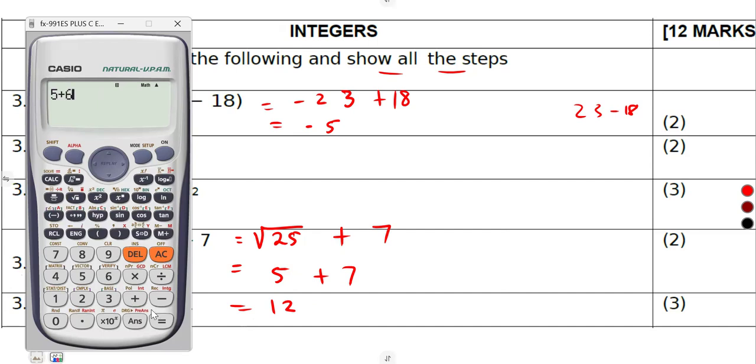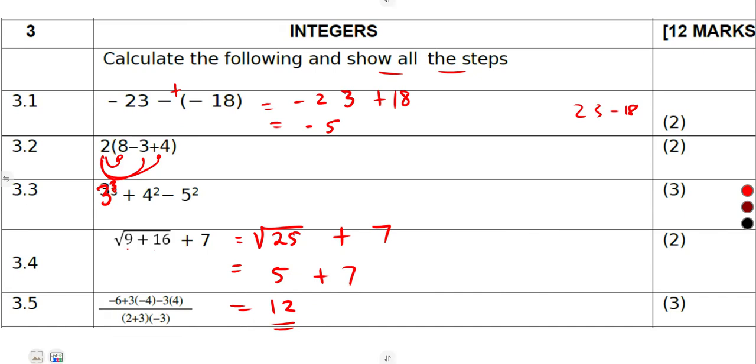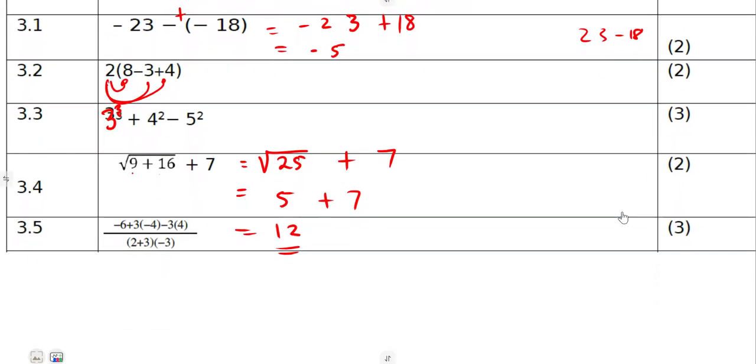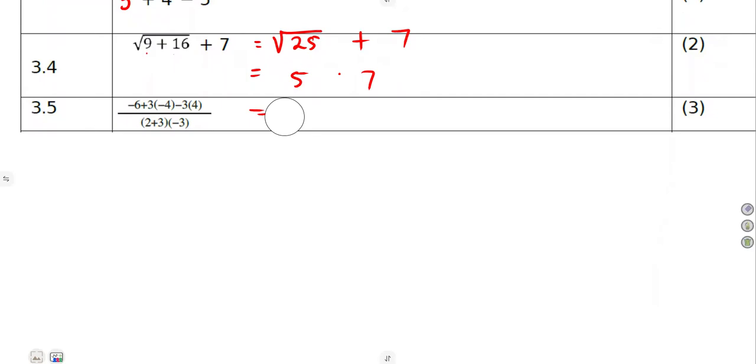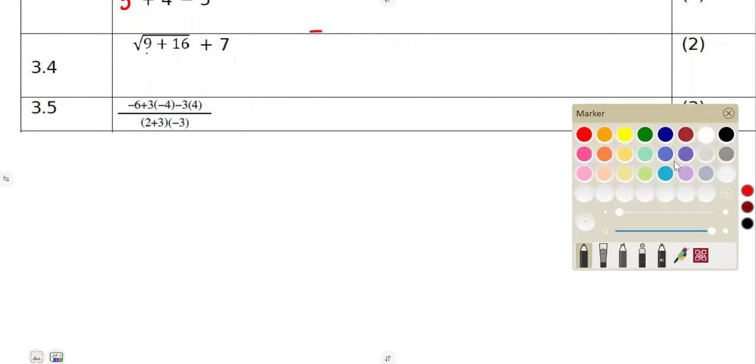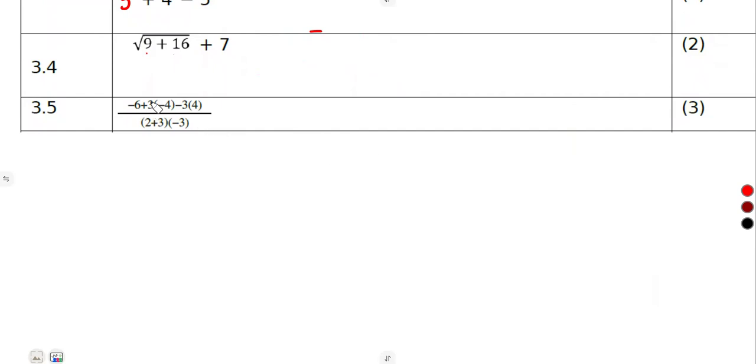So guys, do revise and use your calculators where you just assume that it is not. All right, so that's a 12 there. 3.5. We have got negative 6, all right? Negative 6 plus, there's a bracket, so multiply these two. Multiply these two.